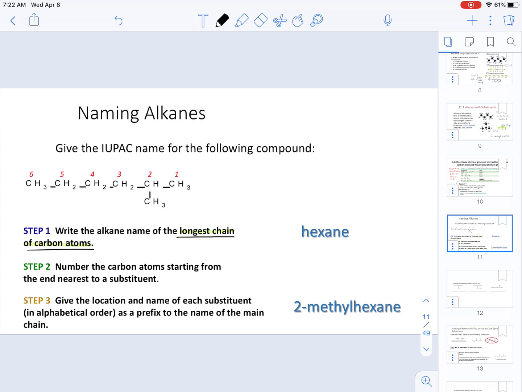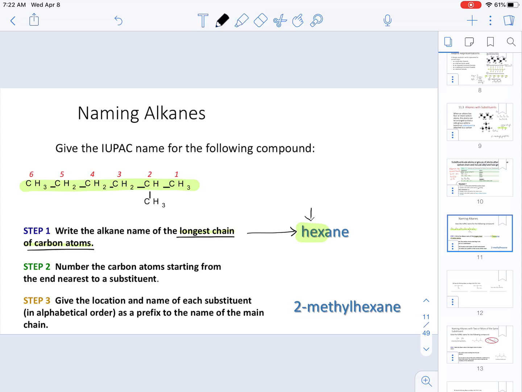In this case, because we're dealing with alkanes, you need to write the name of that alkane. So you can see, if I highlight the longest chain of carbon in this molecule, because there are 6 carbons, that's why we have hex as a prefix.